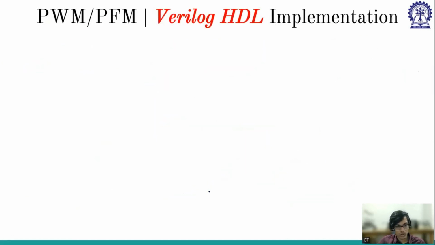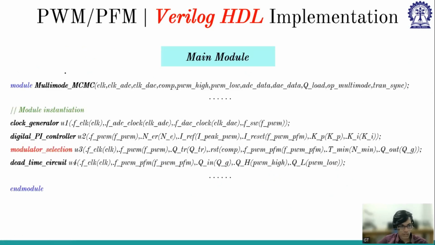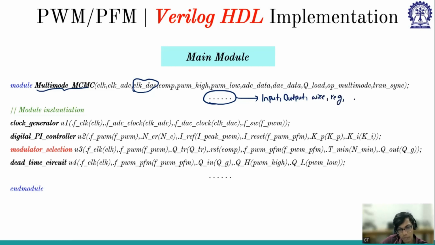Now if you go into the Verilog implementation, the main module is the multimode MCMC. Again, it has clock and DAC this time because we are using a DAC, and all the input output declarations. Followed by a few lines of code: input, output, wire, and any registers or parameters like KPK, all declarations will be done here.